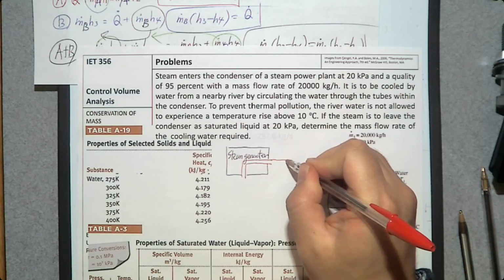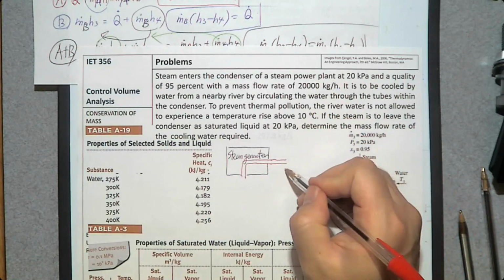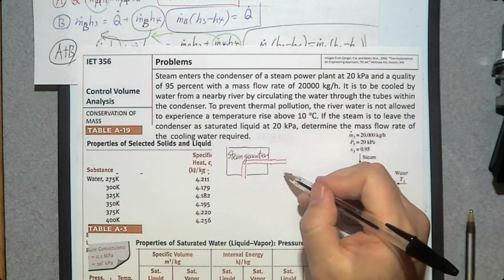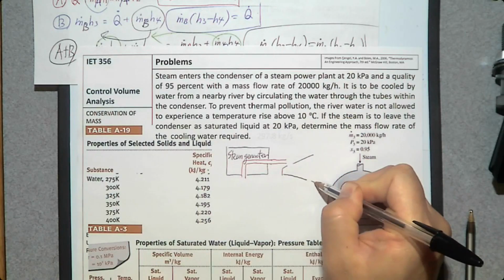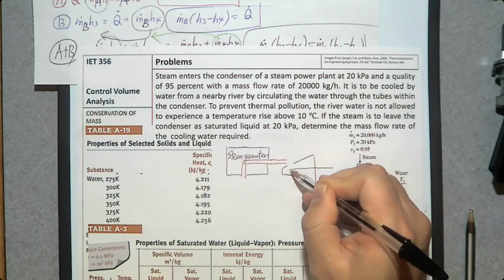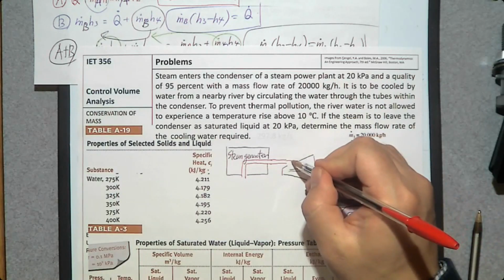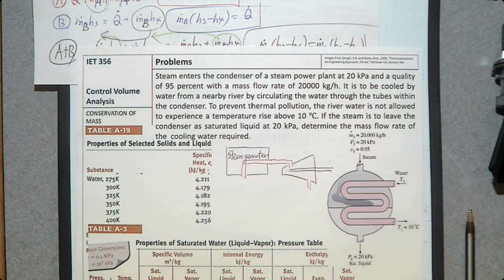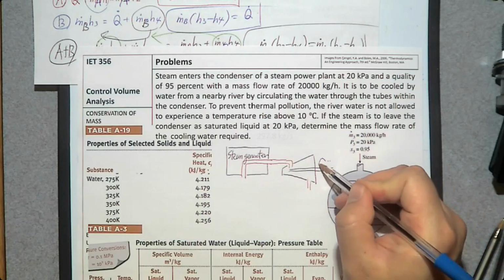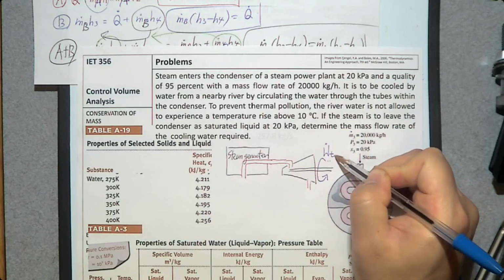Then what do we do? To produce electricity, we are going to use a turbine. So this high pressure, high temperature steam enters this turbine, producing shaft power, W dot.